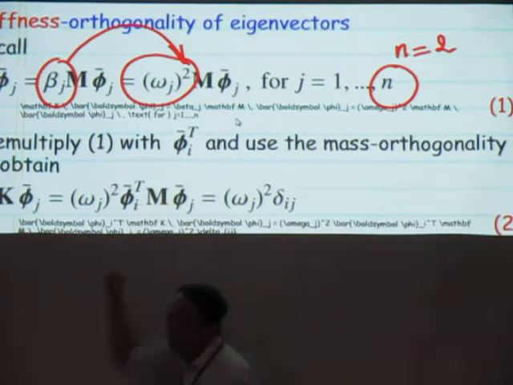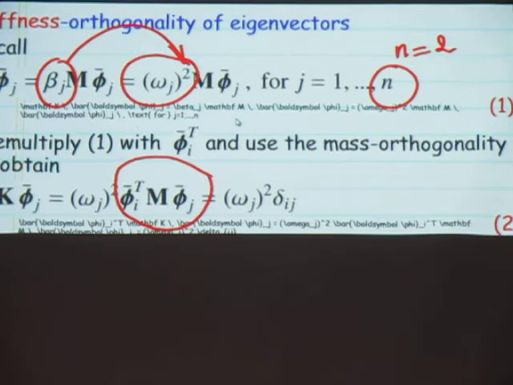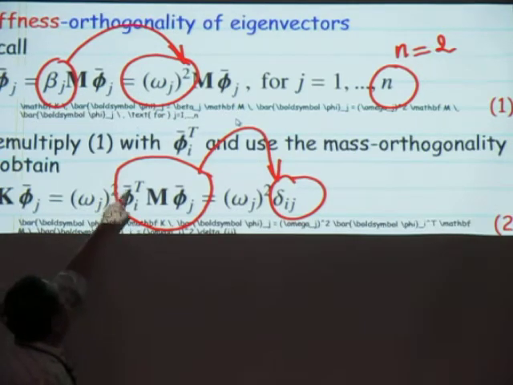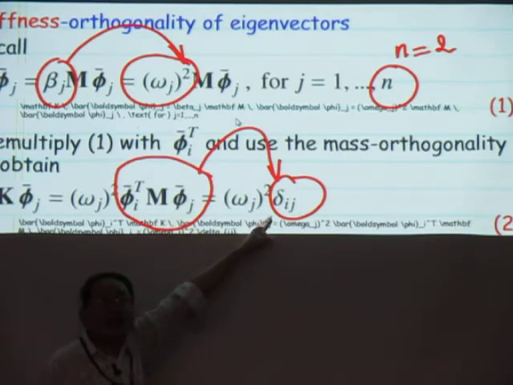Now you use the result that you obtained before, that is the mass orthogonality. The mass orthogonality of the eigenvectors tells you that phi bar i transpose times mass times phi bar j is the Kronecker delta ij. So that's it.